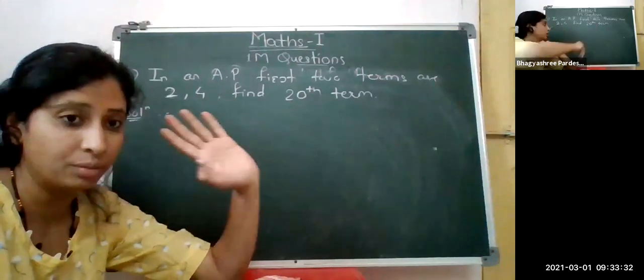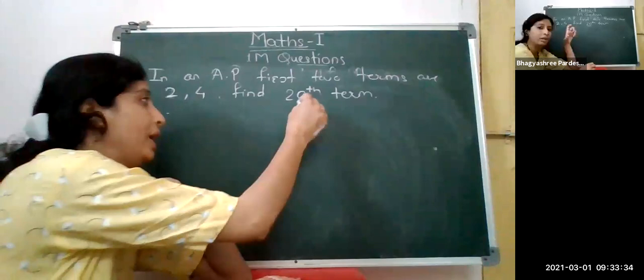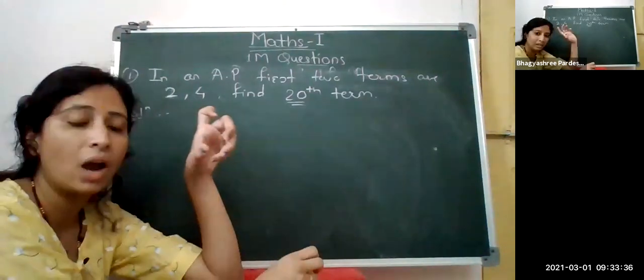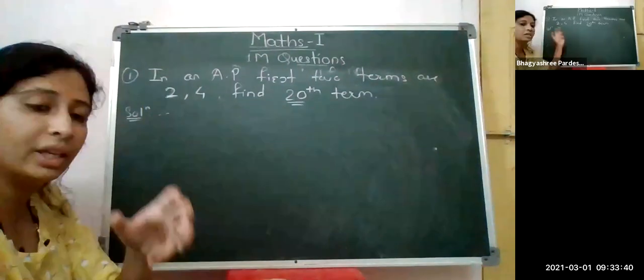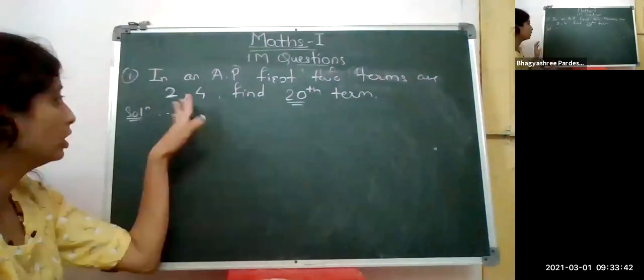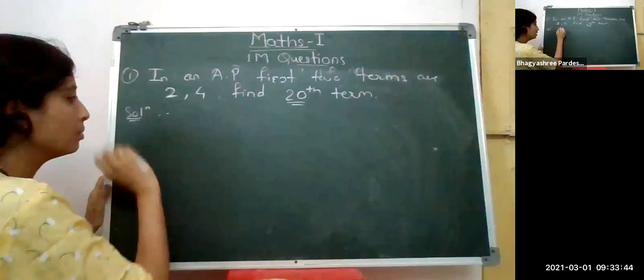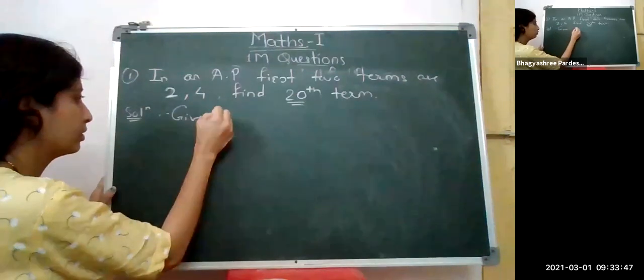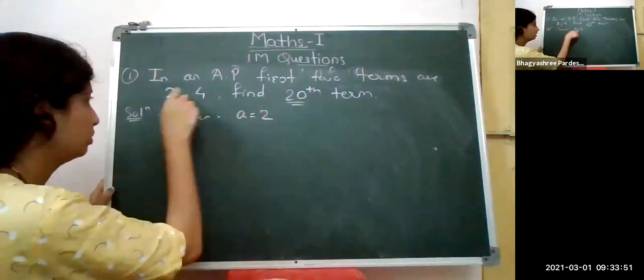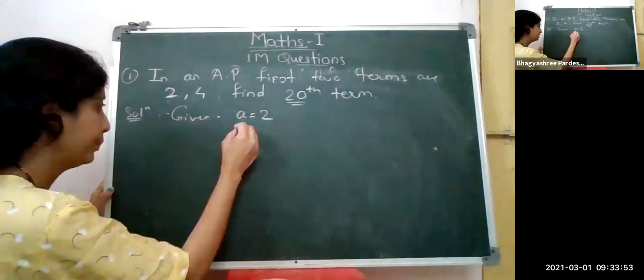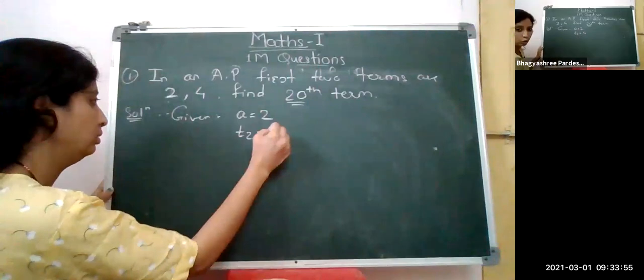Now here, students, we have to find the 20th term, meaning we have to find T20. Firstly, whatever is given, just write it down here. The first two terms are given: the first is 2. The first term is denoted by A. The second term is 4.